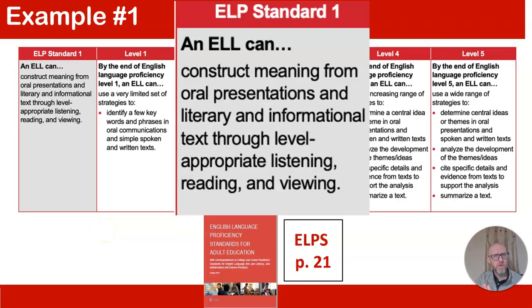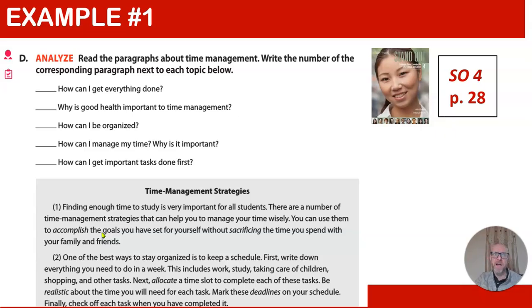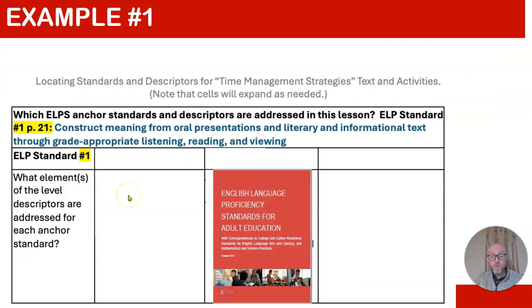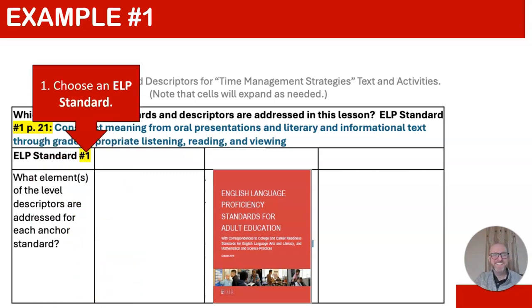There is more than one correct answer as long as you can justify your reasoning. But we chose it because of this reading and reading exercise that we found with exercise D. So we chose ELPS Standard 1. We're going to add that to our tracking sheet.